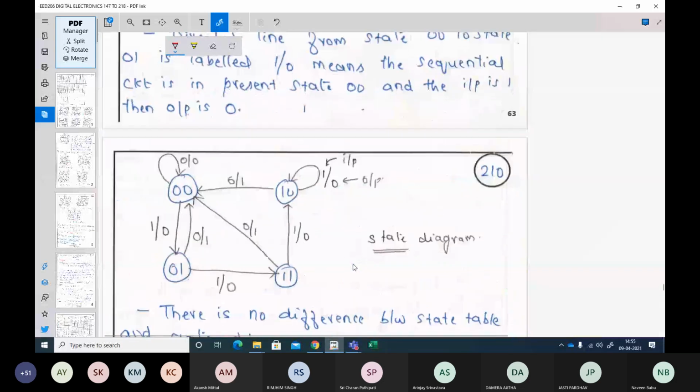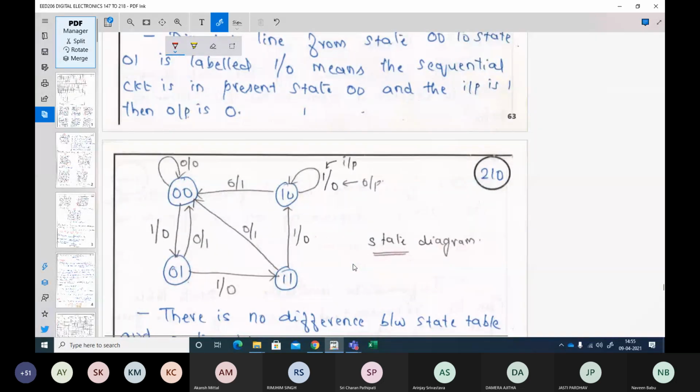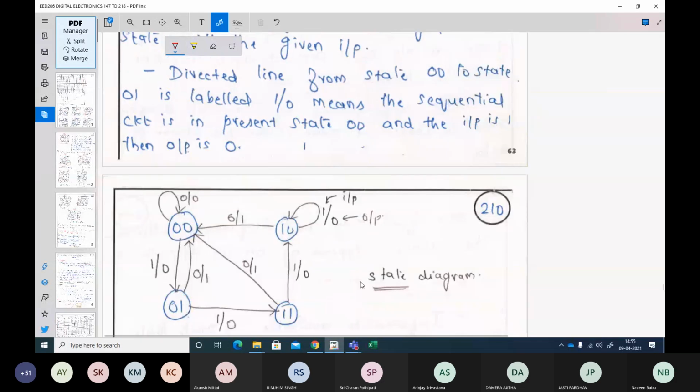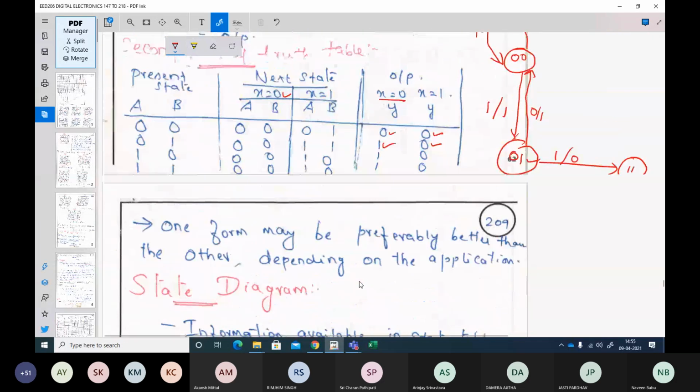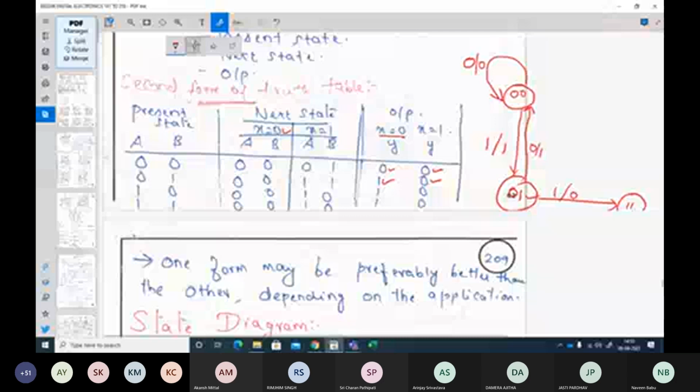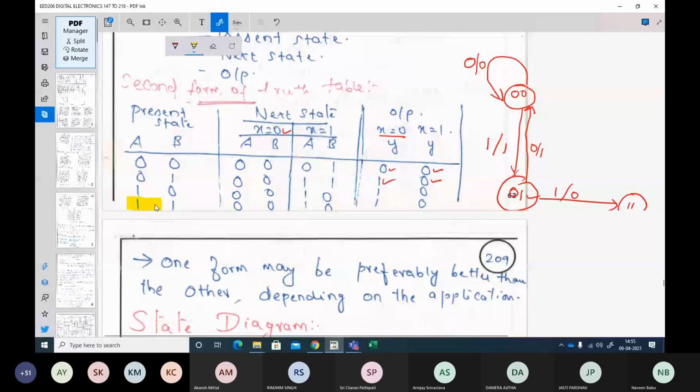All right, any doubts till this? So you can fill it up. Maybe we will take one more case for 1,1, so you will understand better. We will take the last case. When my input is 0, I'm moving on to which state? 0,0.